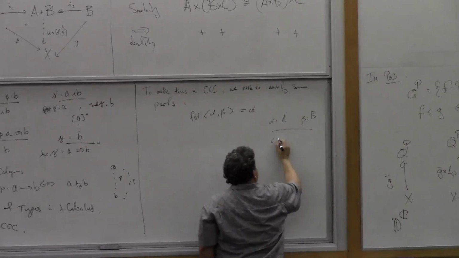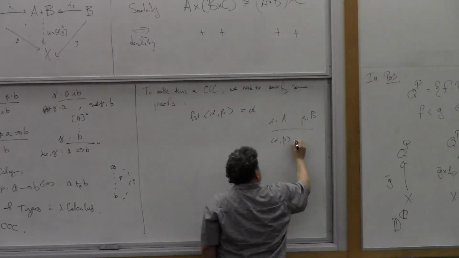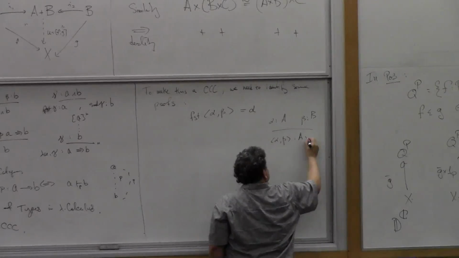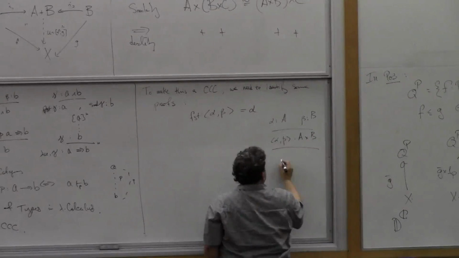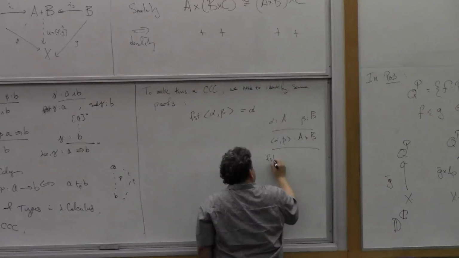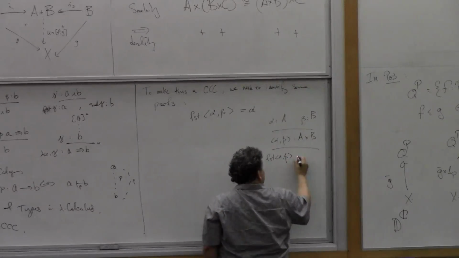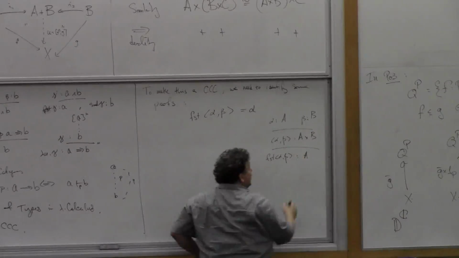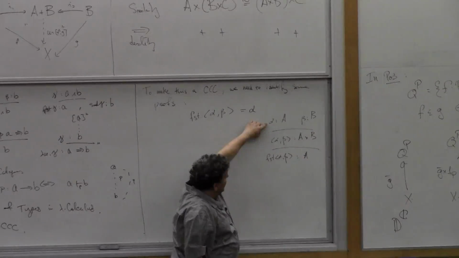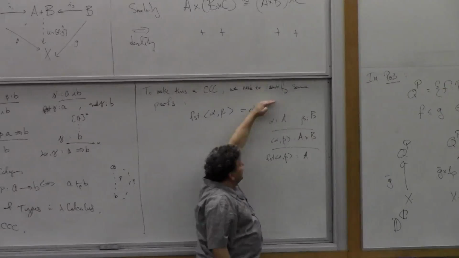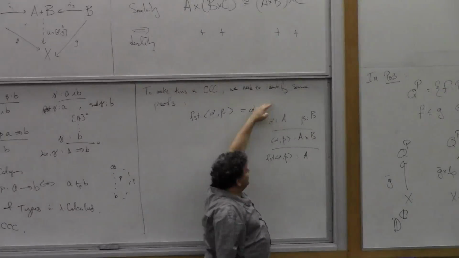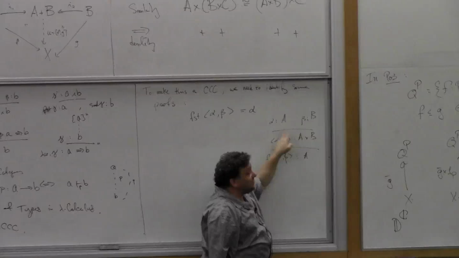And then take the pair alpha, beta. That's a proof of A and B. And now take the first projection. Well, now we've got a kind of a detour here, which started out from a proof of A, and it ends up with a proof of A. And now what I have to do is identify a proof that goes straight to A and a proof that goes all the way to A through such a detour.